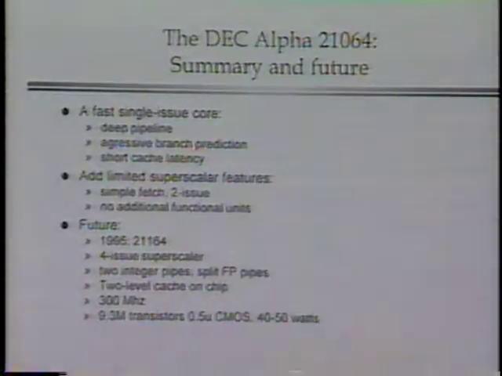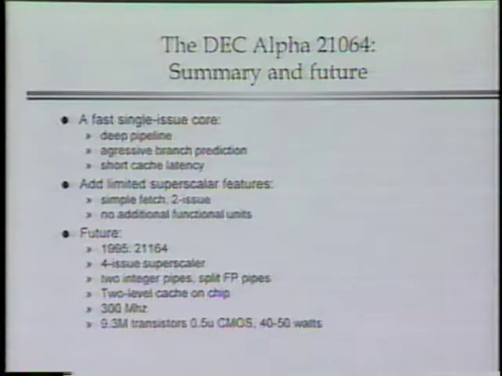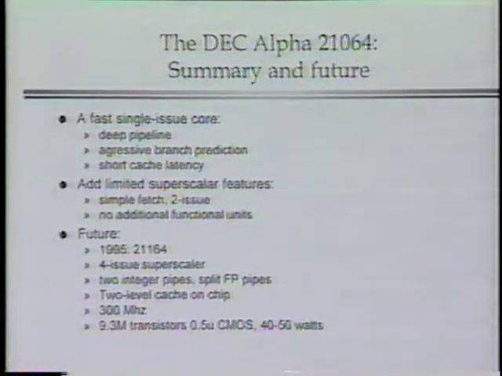Just to recap, the way they got that was to start with a relatively simple single-issue core that has a very deep pipeline. Because in deep pipelines the cost of a mispredicted branch is extremely high, they want to do fairly aggressive branch prediction. Then take that core and add to it relatively simple superscalar features.